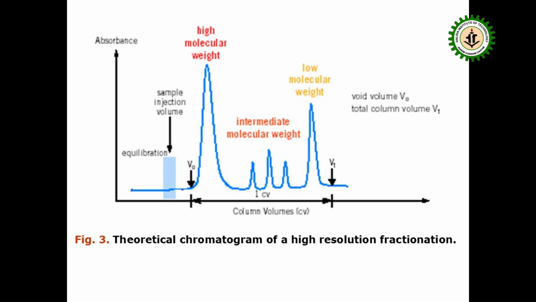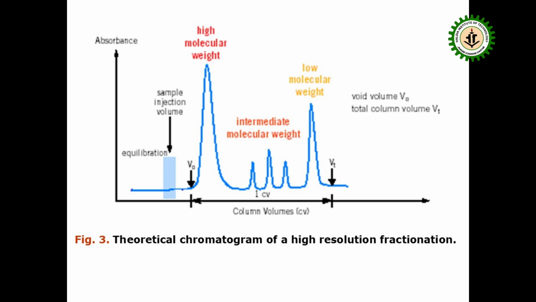Then the high molecular weight proteins or species will be eluted. Then the intermediate molecular weight proteins will be eluted according to their molecular weight. And the low molecular weight proteins will be eluted after a much longer time.